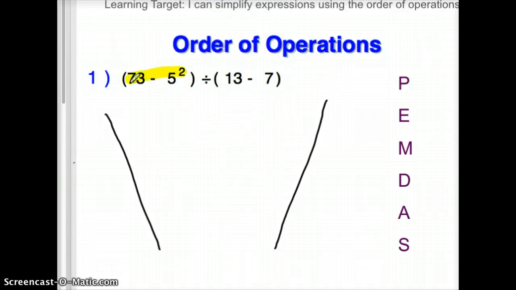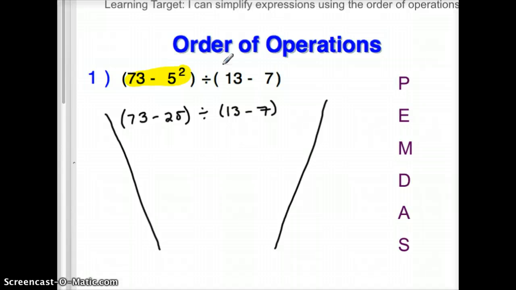Let's work on this first set of parentheses over here. And you kind of have to start your PEMDAS all over again. Do you have parentheses within here? No. Do I have an exponent? Well, yes, I do. So I need to take care of that. 5 squared, so in other words, 5 times 5 is actually 25. So let's regroup here and see what we have going on after we get rid of that exponent.